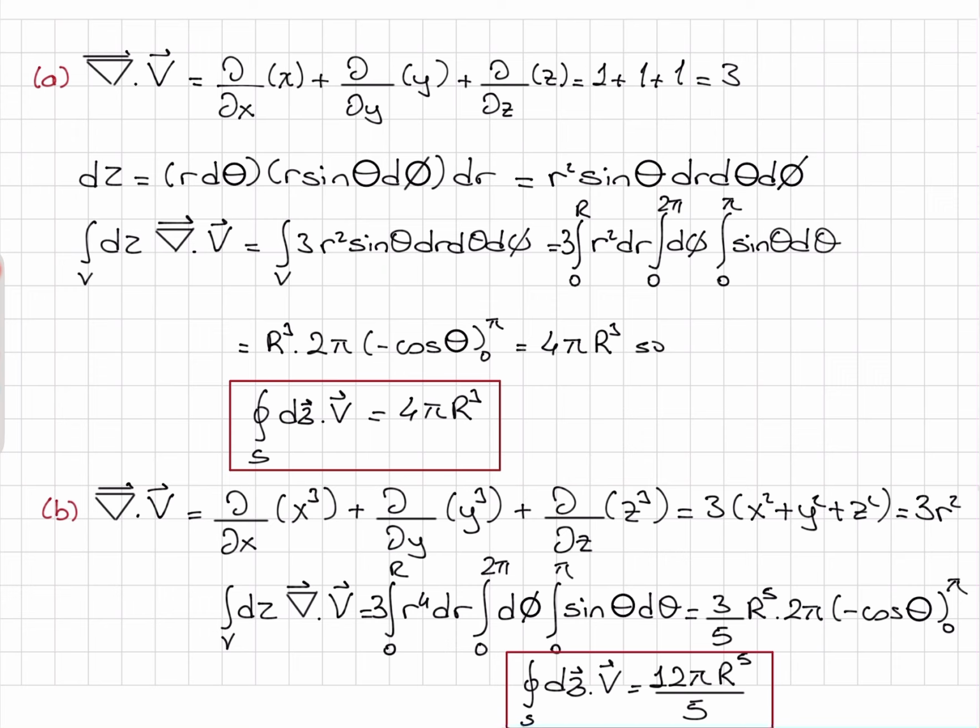The corresponding integrals will have d phi and sine theta d theta in them. These integrals are fairly simple, so I obtain 3 over 5 capital R to the 5th minus 0, so it's capital R to the 5th over 5. This integral gives me 2 pi, and this integral gives me a factor of 2. The final answer is 12 over 5 pi capital R to the 5th power.